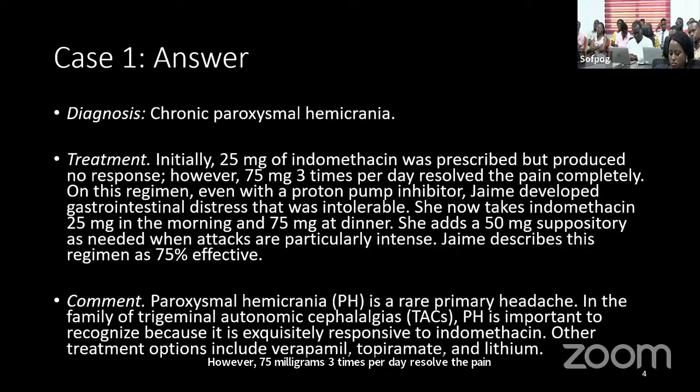On this regimen, even with a proton pump inhibitor, Jamie developed gastrointestinal distress that was intolerable. She now takes indomethacin 25 milligrams in the morning and then 75 milligrams at dinner. She adds a 50 milligram suppository as needed when attacks are particularly intense. Jamie describes this regimen as 75% effective.